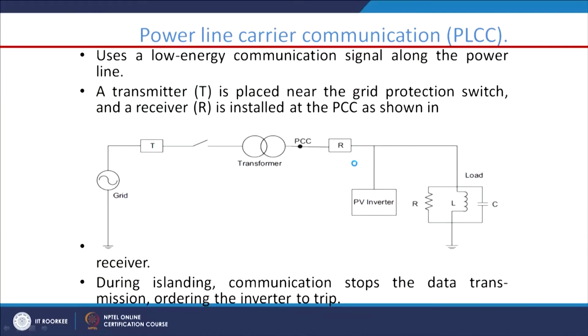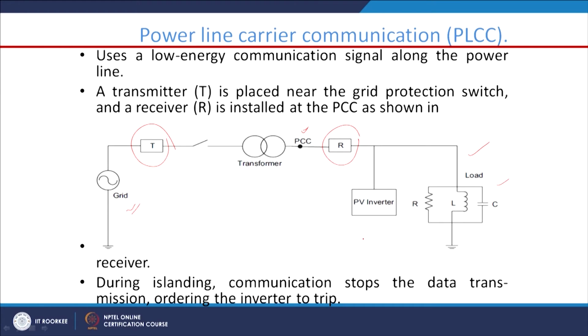Now, if you come to power line carrier communication, that is PLCC, the arrangement is shown in this figure. Here is our grid, and this T stands for transmitter, this R stands for receiver. This is our point of common coupling, this is our transformer, the PV inverter and the load.